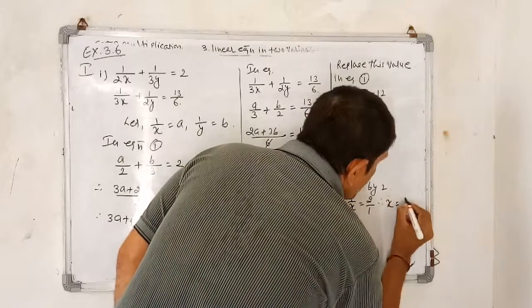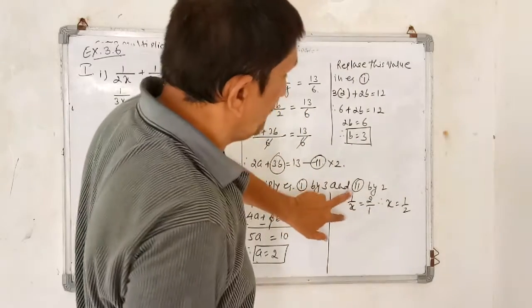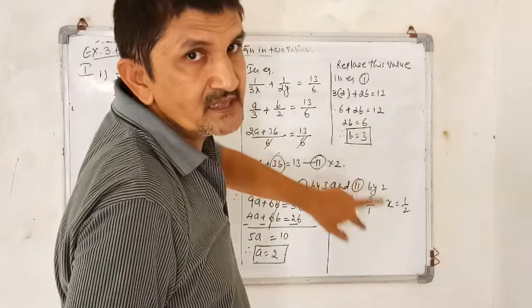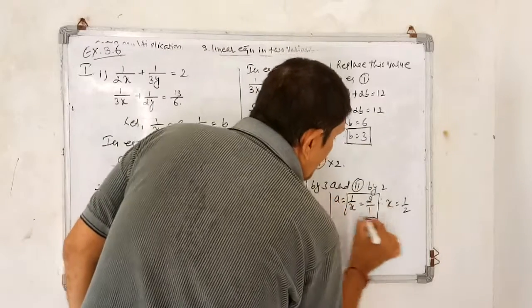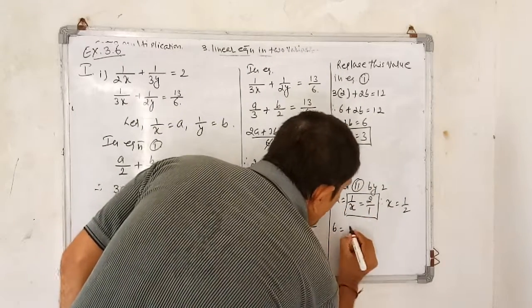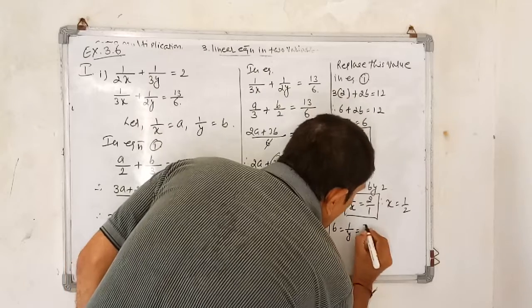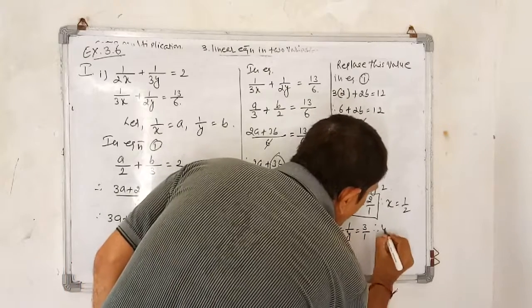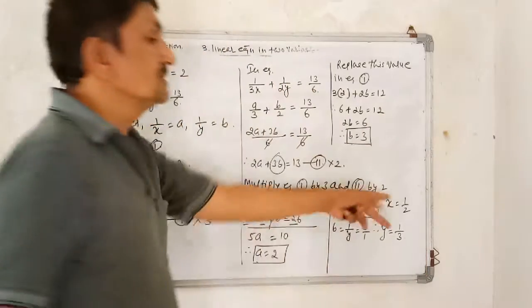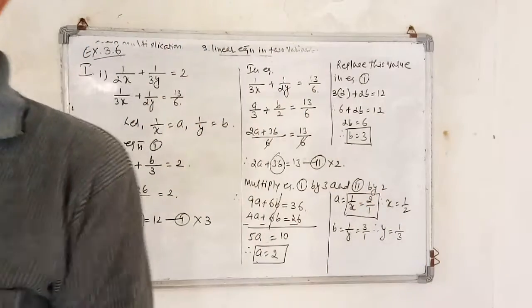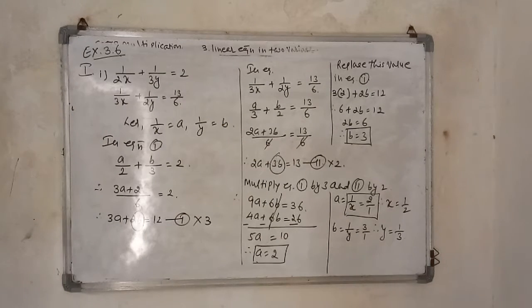So therefore x is equal to 1 by 2. 1 upon x is equal to 2, so x is equal to 1 by 2, inverting both sides. Okay. Similarly, b is equal to 1 upon y is equal to 3 upon 1. So therefore y is equal to 1 upon 3. So this is your solution: x is equal to 1 upon 2 and y is equal to 1 upon 3.